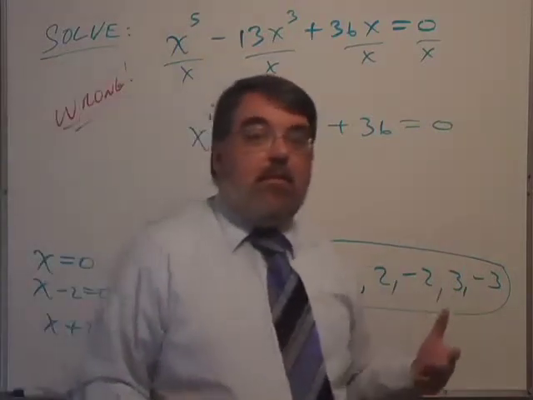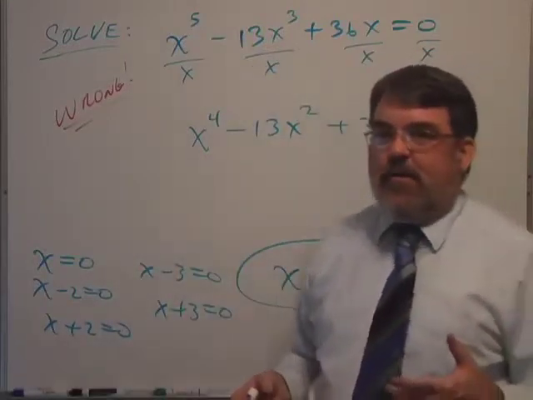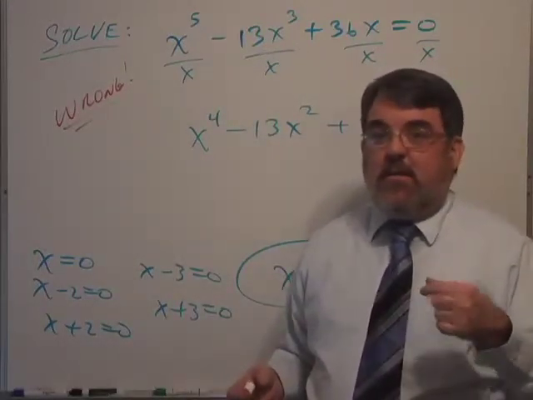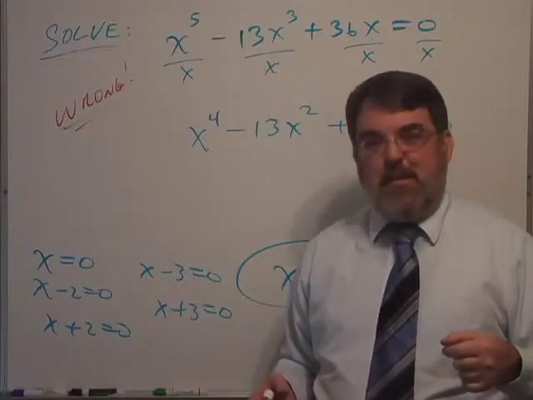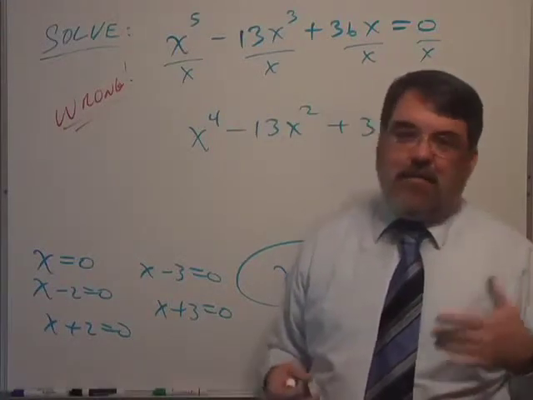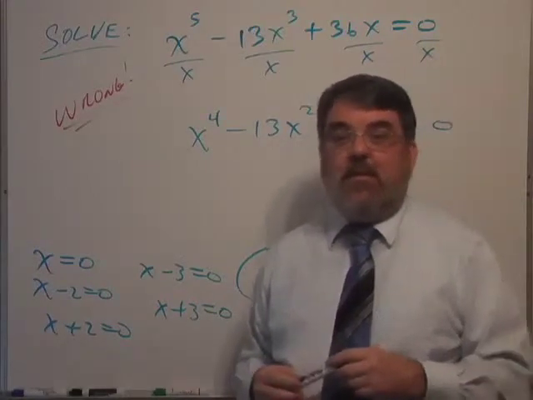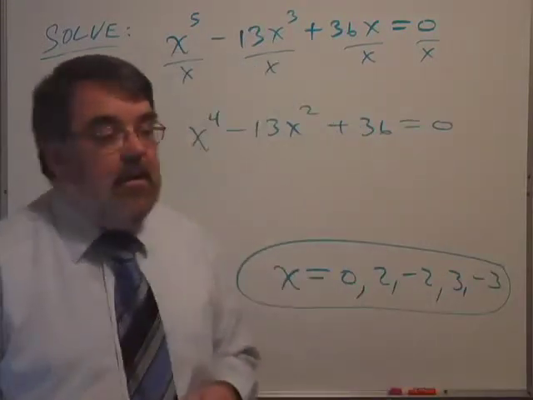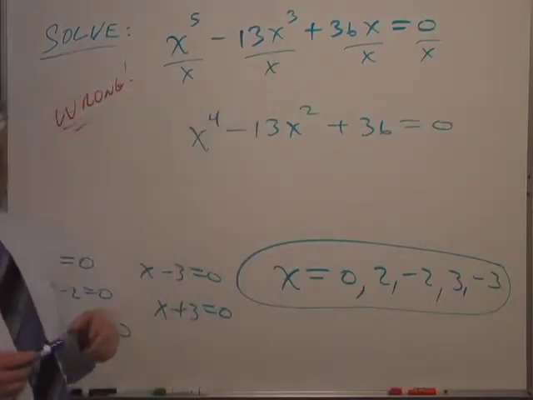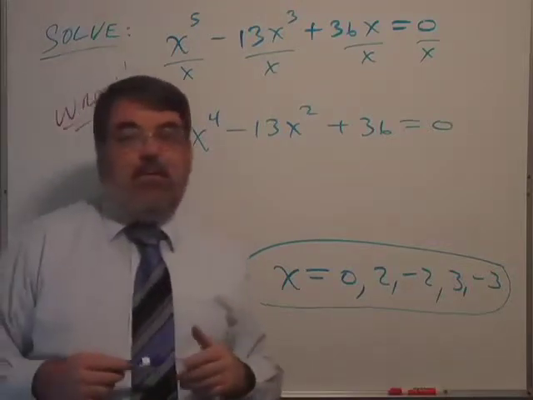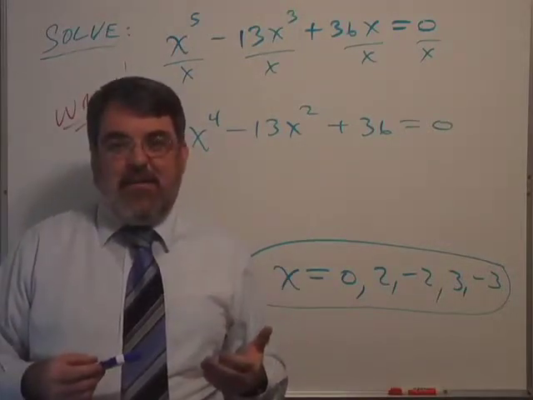So the moral of the story there is when you're solving equations, don't divide by a variable. Now there are exceptions to that rule, but generally speaking, it's something you want to be very wary of, because when you divide by a variable, usually you eliminate a possible answer.